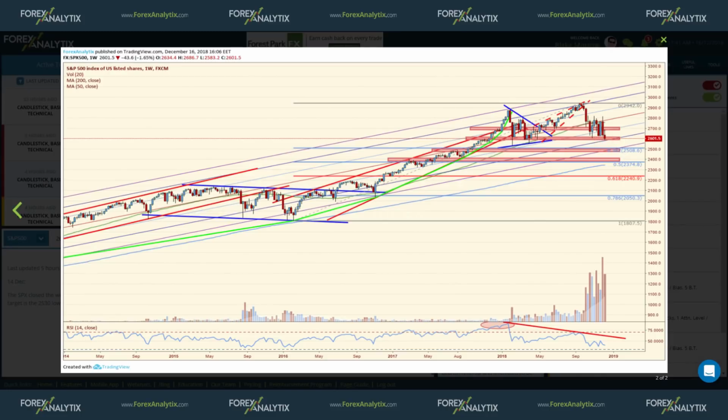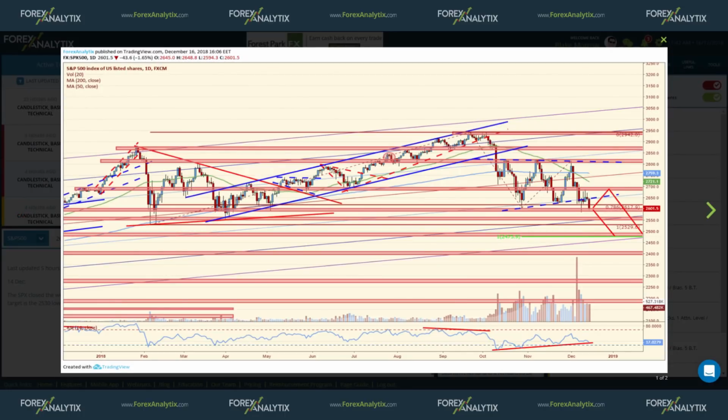That probably has a lot of traders that have been buyers of risk going into year end, expecting a Santa Claus rally, to be a little nervous. And the fact of the matter is, if we get a foothold below 2,600, I know we've been dipping below there intraday, and we closed right at the number, but if we get a daily close below 2,580, there's going to be some risk off in the markets, generally speaking.